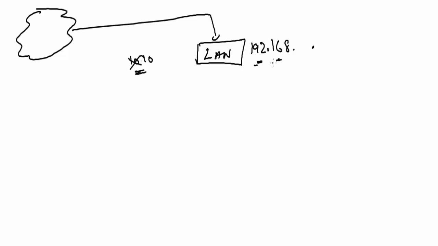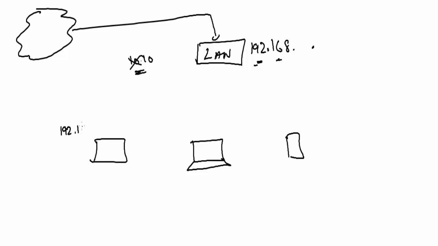So 192.168 is the series, which means any device which connects to the LAN, let it be your tablet, laptop or mobile, even these devices' IP addresses will start with 192.168. This is the first thing. I'm still leaving the two parts of the IP address blank.